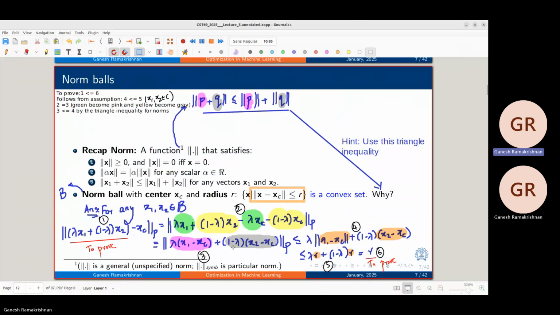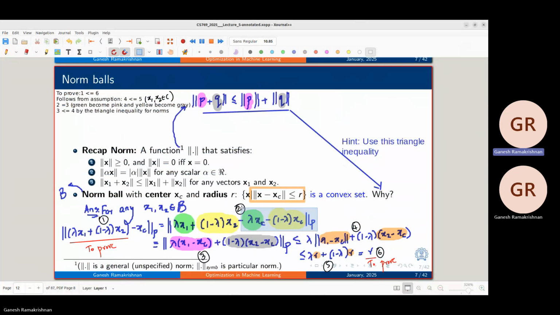Now inside, I can expand, right? Because I'm still looking at the norm function applied to an argument, which is a convex combination, minus xc. Now this xc itself, I can expand it as lambda plus 1 minus lambda times xc. That is, xc can be expanded as lambda xc plus 1 minus lambda xc.